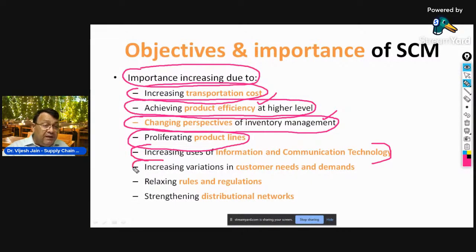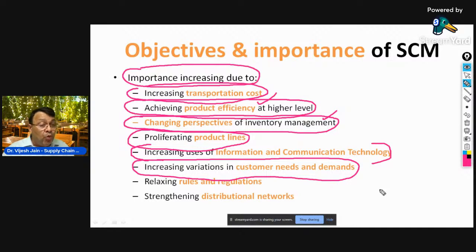Then, increasing variations and expanding wants of the international customer. It wants more and more variety. It wants goods that are better than the past. Every time they want better goods and more affordable. So the variations are too high. Customers, that also includes the changing variations due to the fashion changes.